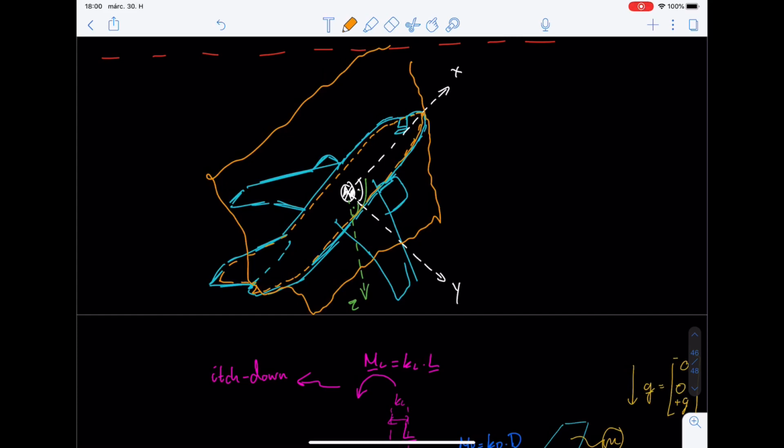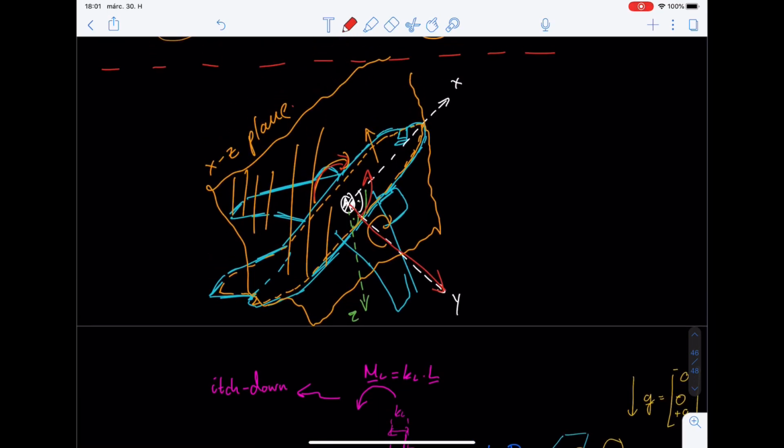And we're looking at the moments around the y-axis, right? Because the forces acting in this xz plane generate moments around the y-axis. I hope that makes sense. So moments around the y-axis.